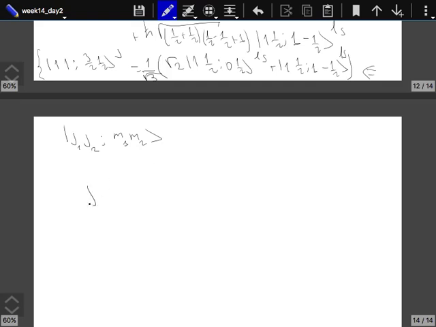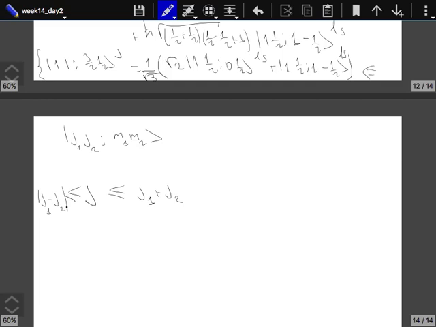The maximum value of J, well, J will be between J1 plus J2. That is the maximum possible value of the total angular momentum, and the minimum possible value is always larger than or equal to the difference. Well, this is just like the triangle inequality of vectors.